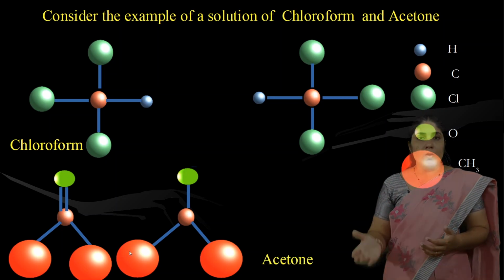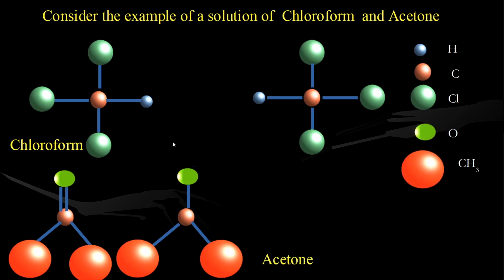The chloroform molecules and the acetone molecules have only a weak interaction between them. But when we mix these two miscible volatile liquids, you can see that a special bonding arises between the acetone molecule and the chloroform molecule.